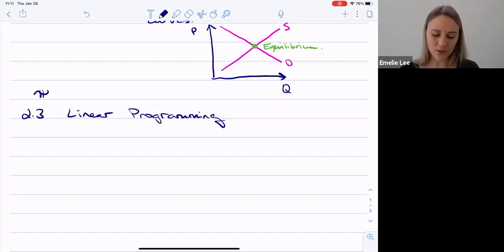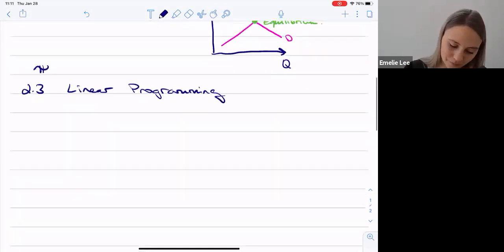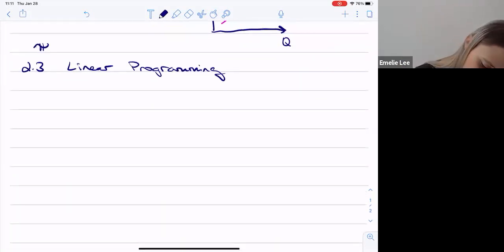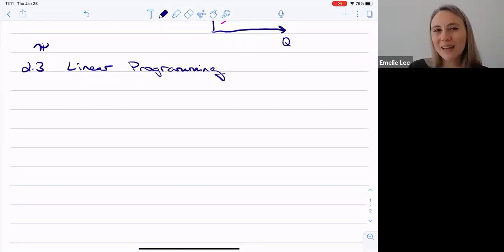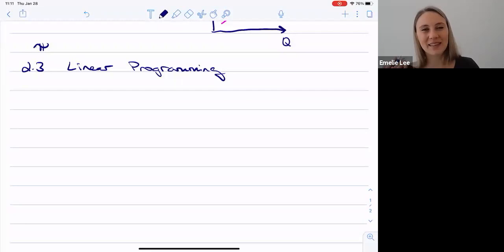But for now, we need some way to deal with those restrictions on materials and time and labor. I like the idea of us running a factory, and I think it's the easiest way to think about it.